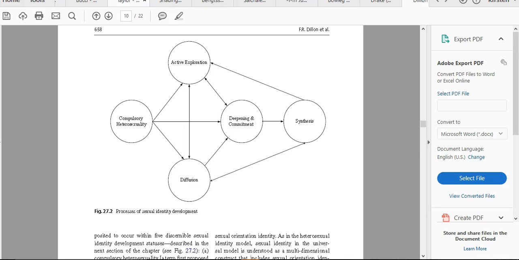Upon entering college, he had a deepening and commitment individually, with explorations associated with behavior and dating, but wasn't very interested in a deepening or commitment related to groups on campus.